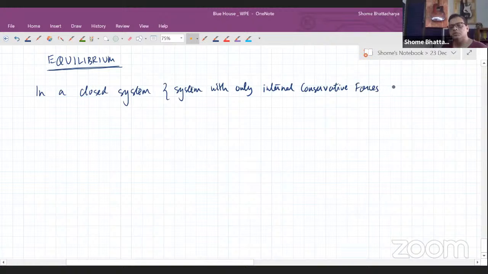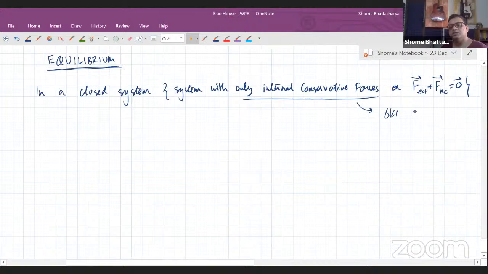That means the net external force plus non-conservative force should be 0. So only internal conservative forces means that change in kinetic energy plus change in potential energy is 0, or there is conservation of mechanical energy.